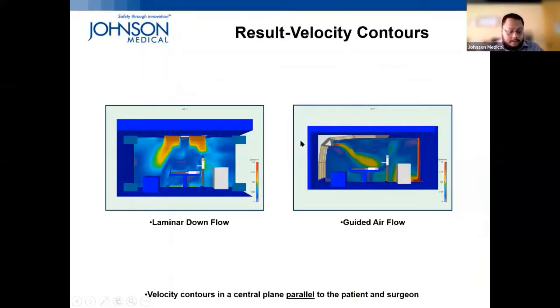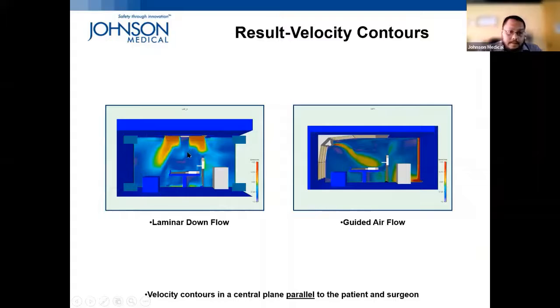So as you can see here, this is a comparison of how it looks on the CFD when we did the study to compare the laminar airflow and the guided airflow. On our left, the red area marks the very high velocity or very turbulent air.